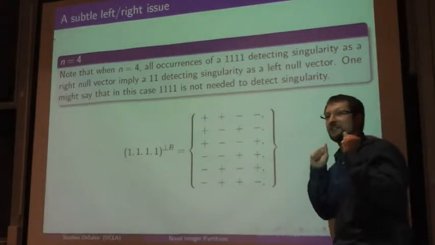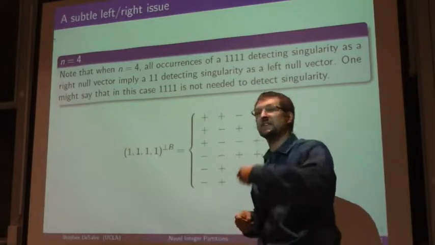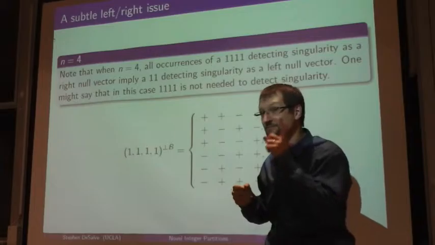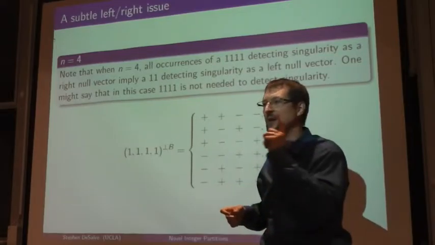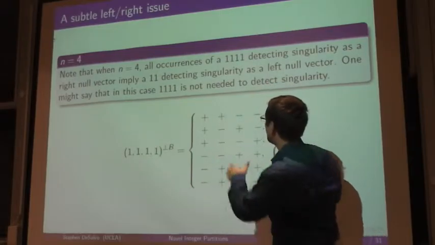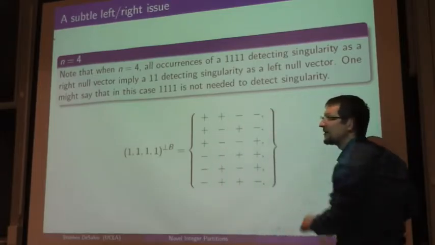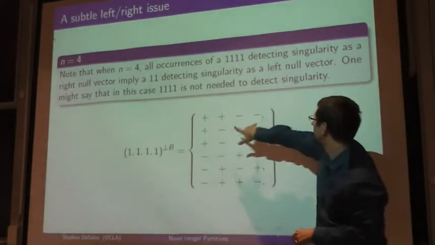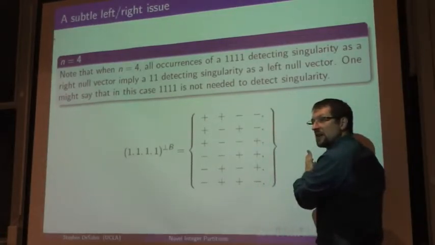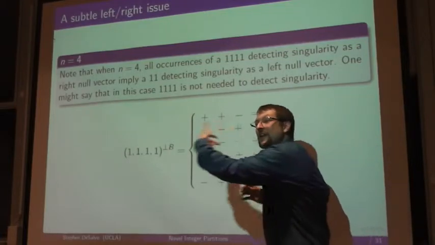There are some little caveats here, really details that are important, which is, I just told you that the set of novel partitions is necessary and sufficient for detecting all singularities. And now if you're really paying attention, you might say, wait a minute, take n equals 4. I could take 1, 1, 1, 1, and I could stick each of these in it. Each column could be a row of this, and then no matter how I make a 4 by 4 matrix that is singular due to this 1, 1, 1, 1, it's going to imply a 1, 1 on the other side.